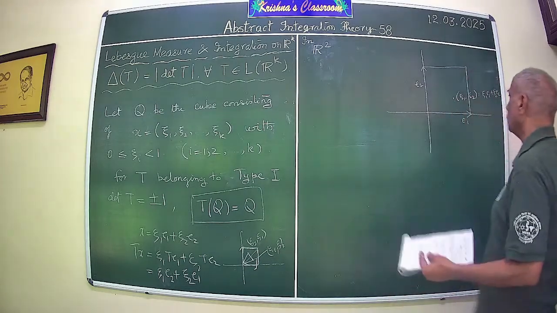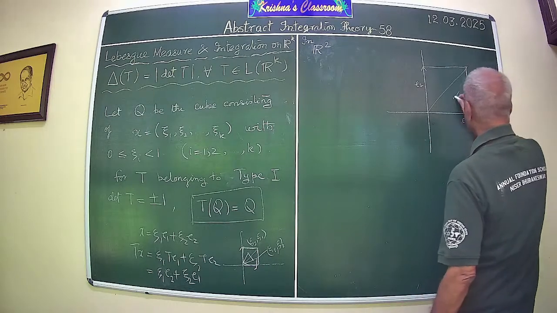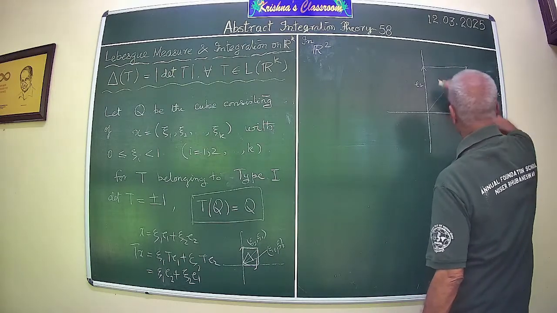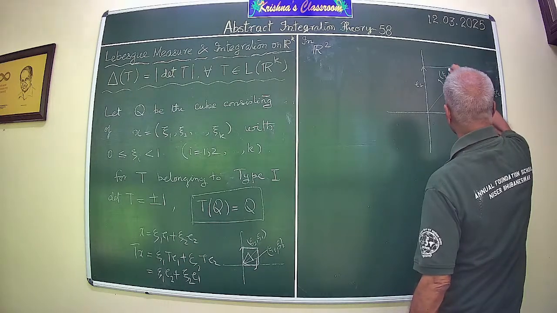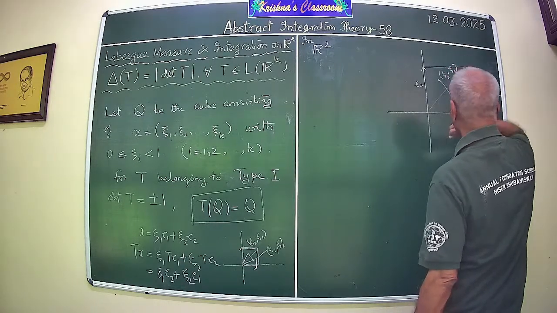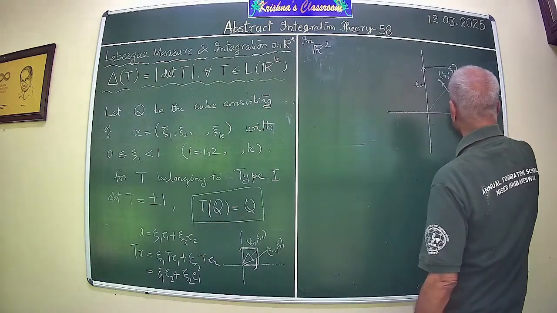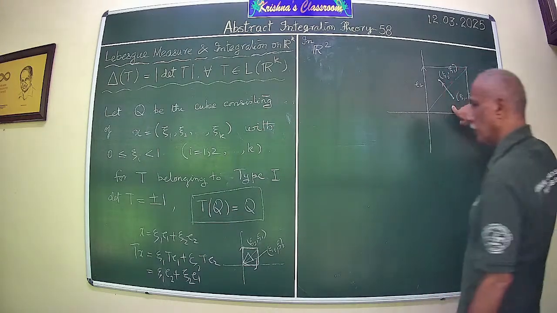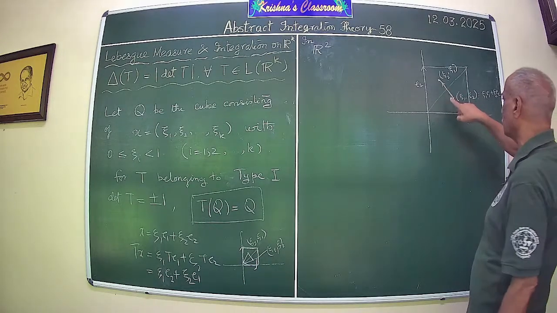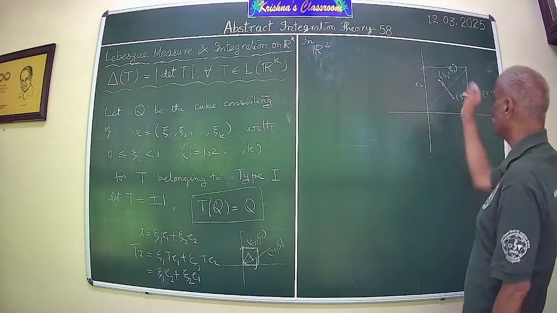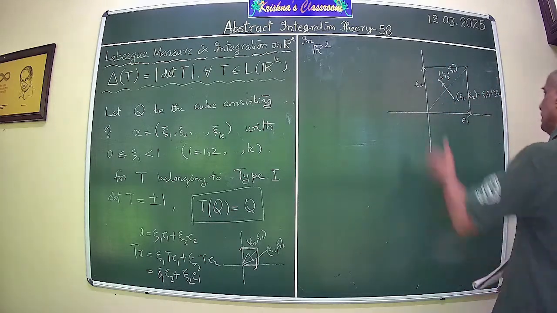Now what happens to this point under T? Under T, this is mapped to the point psi2, psi1. That's what you have seen. So essentially, an arbitrary point in the lower triangle leads to a corresponding point in the upper triangle. The entire lower triangle gets mapped to the upper triangle and vice versa.